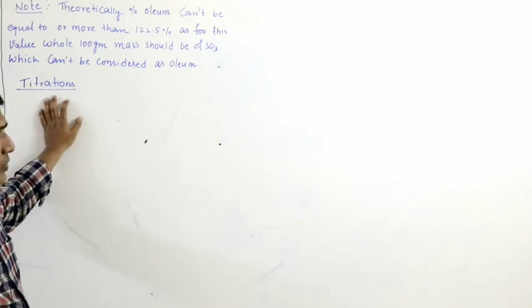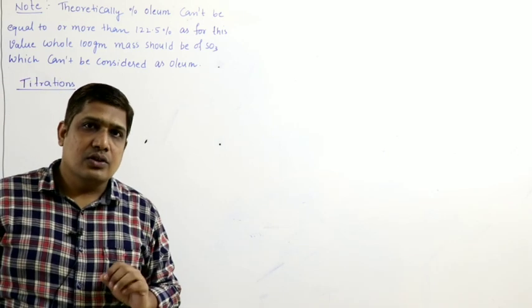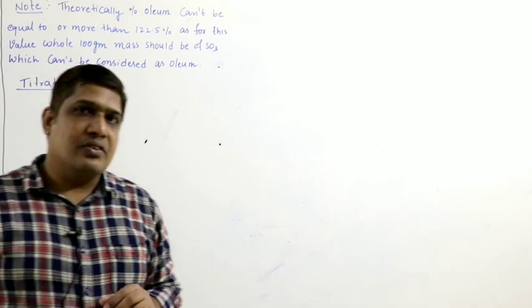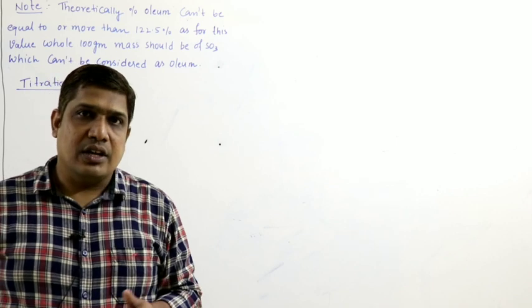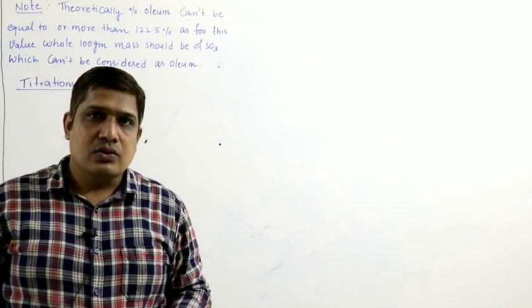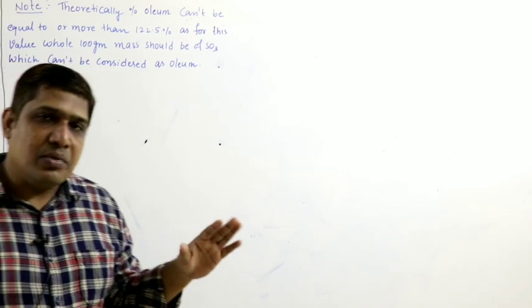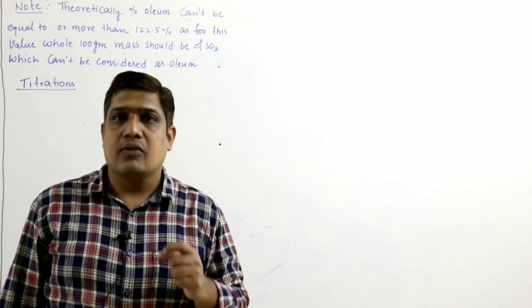Right. So here we don't require the complete knowledge of indicators. We will concentrate mainly on acid base titrations and redox titrations involving permanganometry and dichrometry. We will revise this again after completion of the topic called indicators in ionic equilibrium.